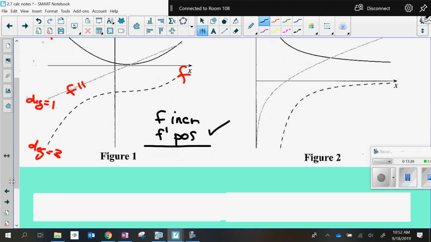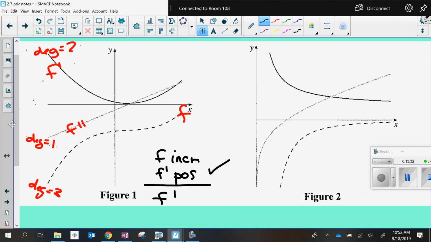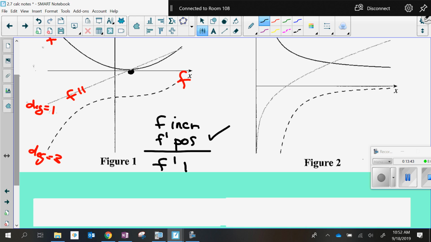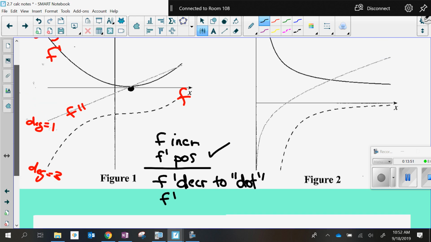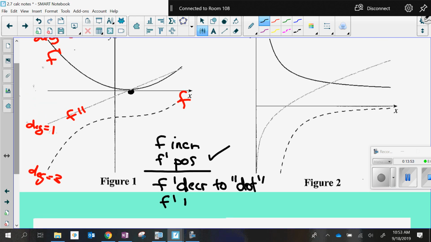All right, so what about F prime now? As far as increasing and decreasing, this is the quadratic. Where does it start decreasing until we get to about right here? Okay, and so decreasing to the dot. And what about F prime at that same place? It's negative.